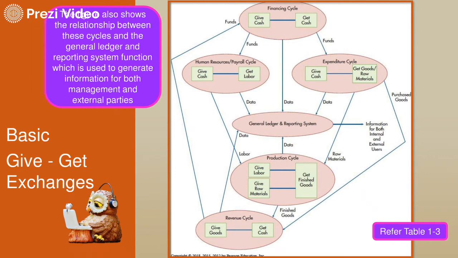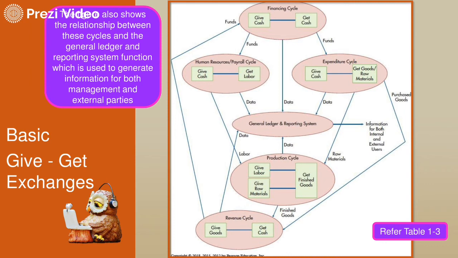The general ledger and reporting system is used to generate information for both management and external parties. If you look at this figure, you can see the arrows in and out of the cycle subsystems, and then you can see the general ledger and reporting system.